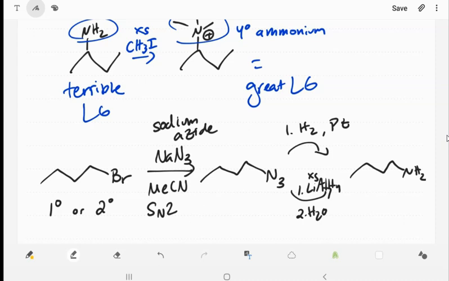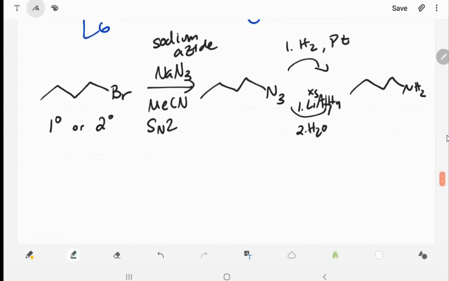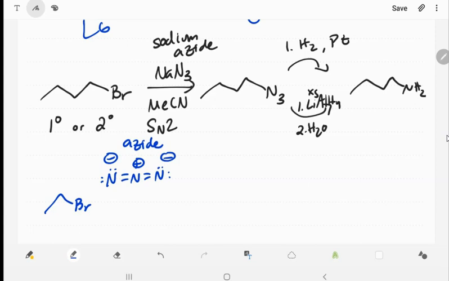Shall we take a look at the mechanism? I think we should. I'm going to just use a simple old bromide. So this is the azide right here. It has the three nitrogens, N3 minus, one positive, two negatives, overall meaning -1.